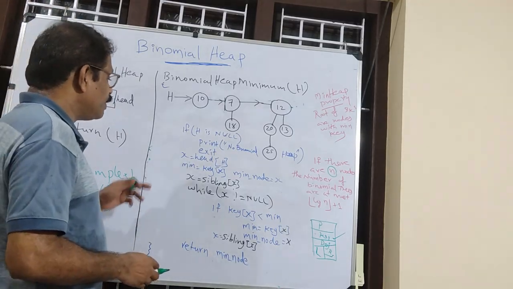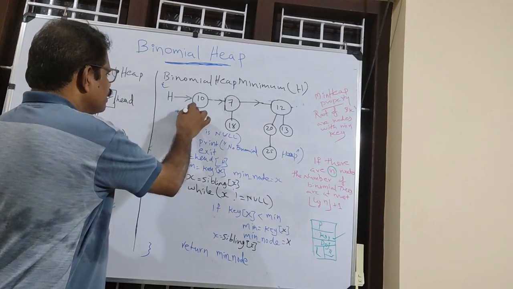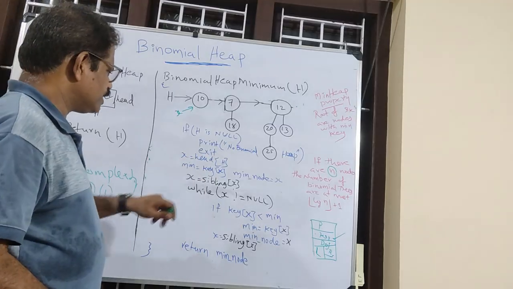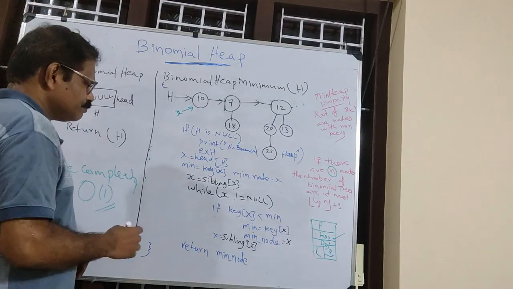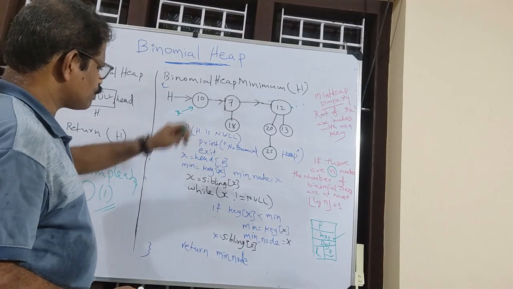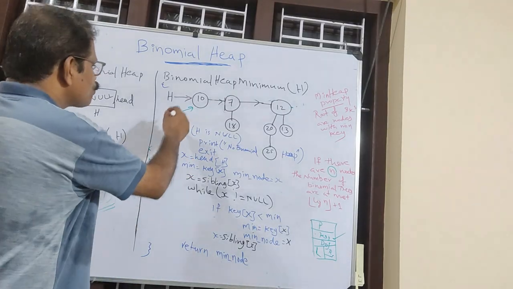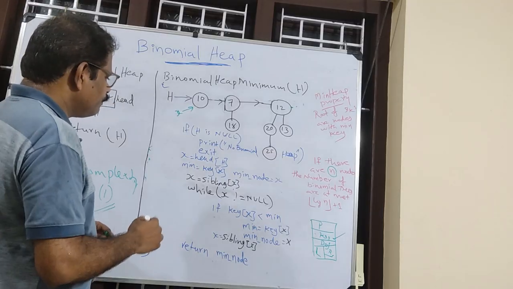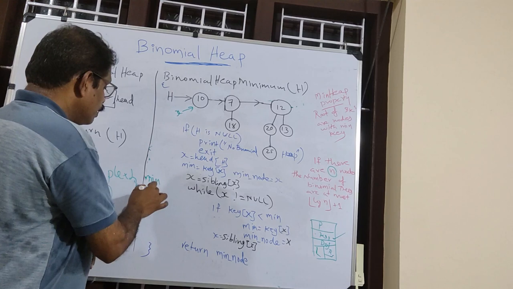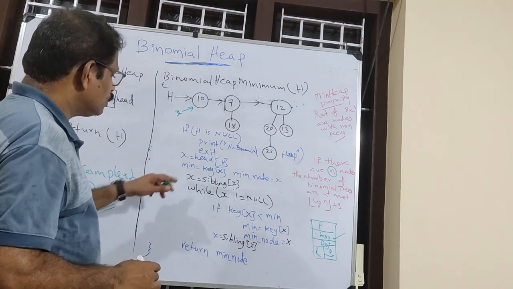Otherwise, we will be making a pointer x pointing to the first node through head of H. Remember, H is an object; it has a field head which will be pointing to the first node. So x also points to the first node. Then we will maintain a variable min to hold the minimum value.